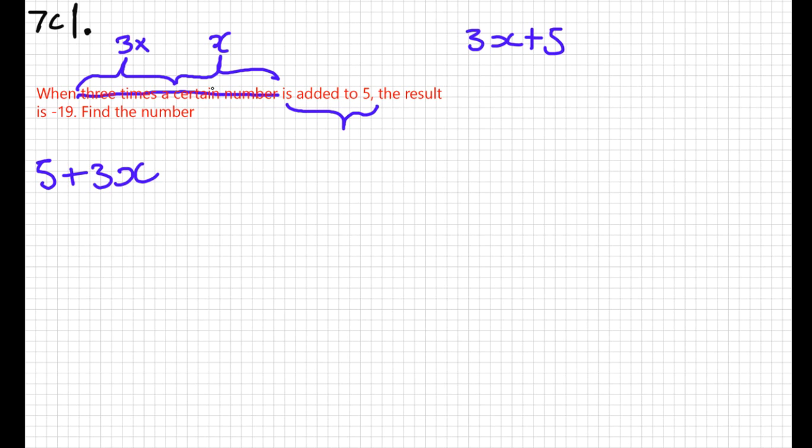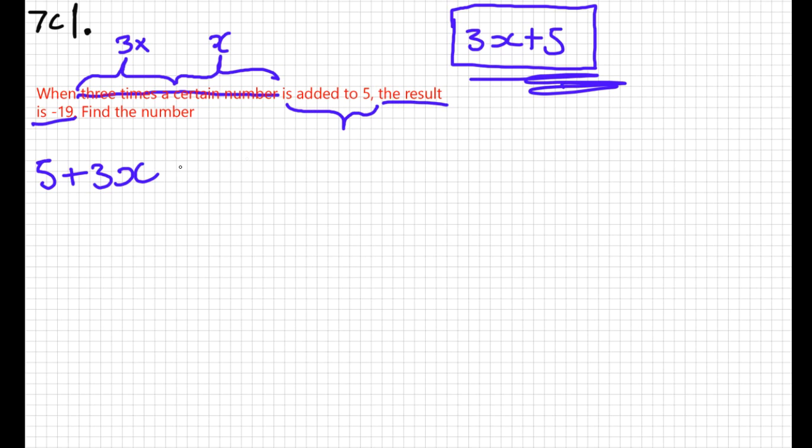But when these questions further down the track start asking you to subtract things, it will matter what order they're in. So down here I've written 3 times a certain number is added to 5. This one I've written up here is technically different and would be written as when 5 is added to 3 times a certain number. That's how you would find this one up here written. So, like I said, whilst it's not important which order we do these in when we're adding, when we're subtracting, it is important.